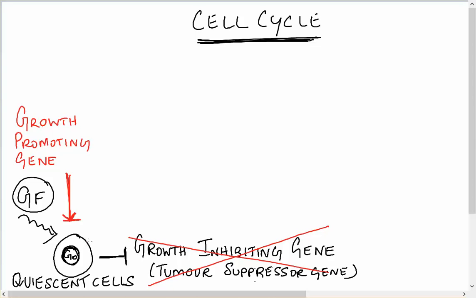Then they will push the cell from G0 to G1. So the cell has entered the cell cycle.